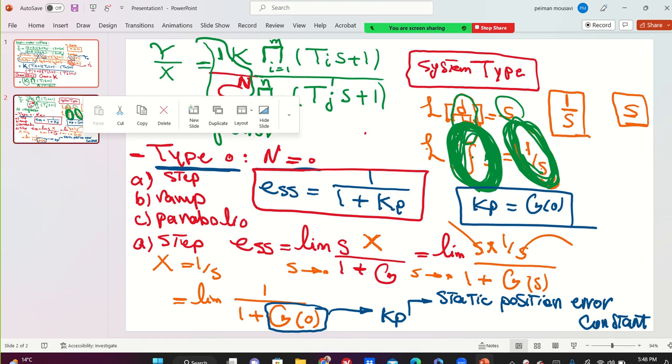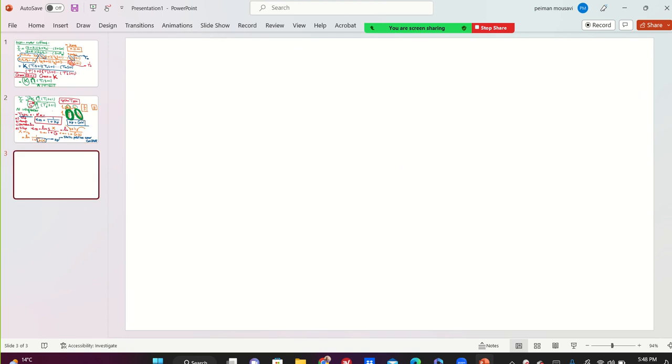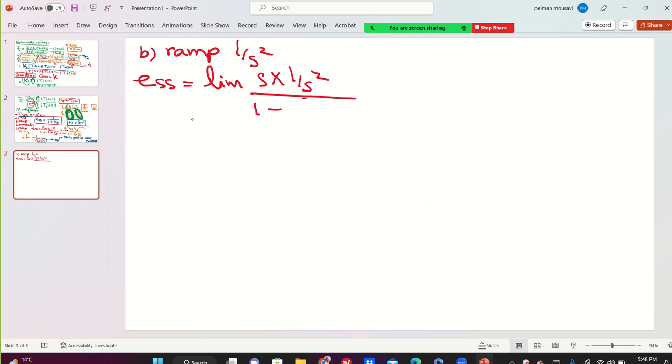So now for this system type 0, let me apply a ramp, means 1 over s squared. So ESS of the ramp becomes limit of s times input 1 over s squared over 1 plus G when s goes to 0. This s with this s goes away, and what you get is this.